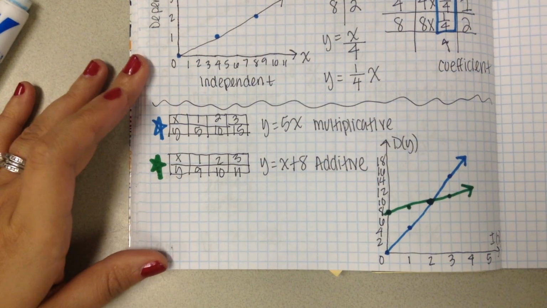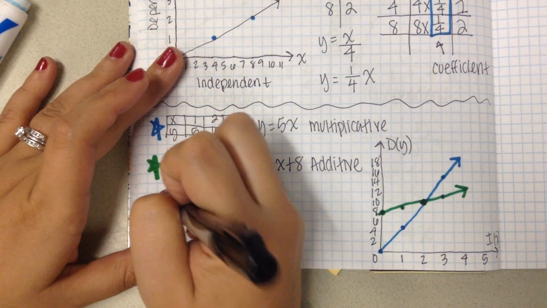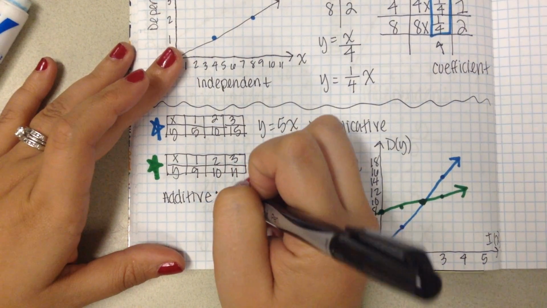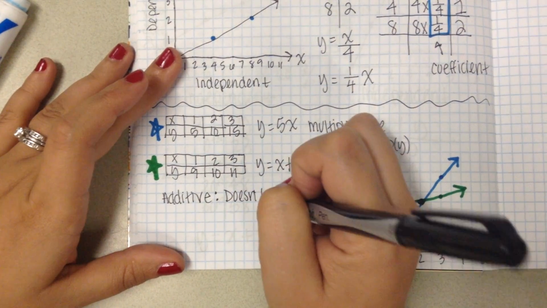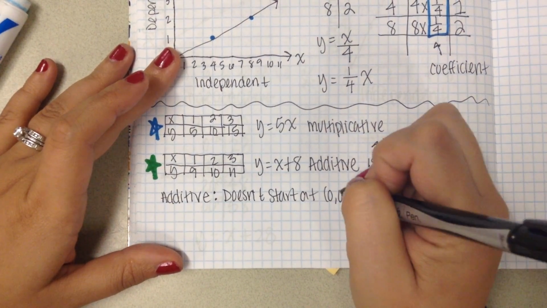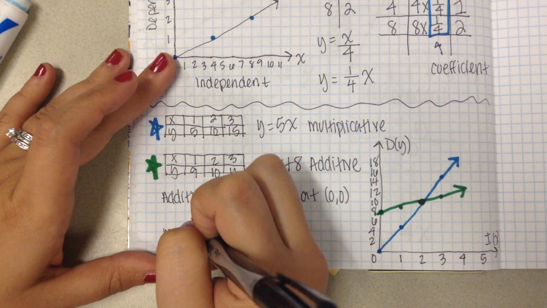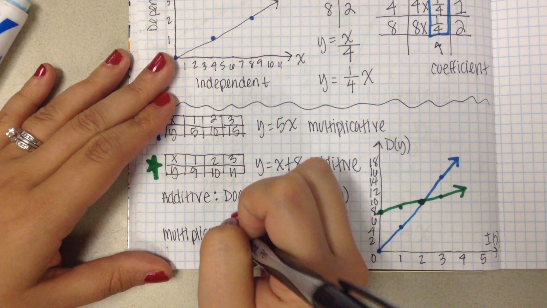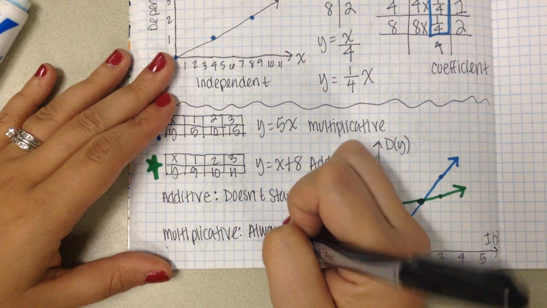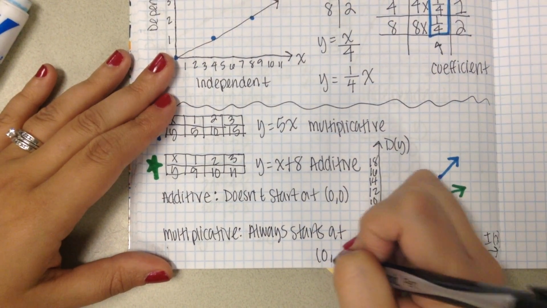So the additive doesn't start at 0, 0, and the multiplicative always starts at 0, 0.